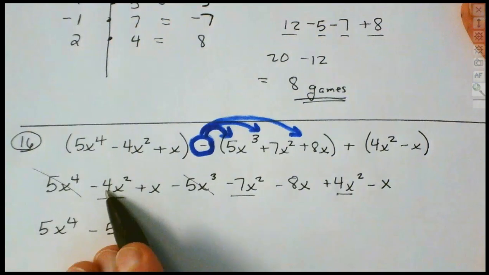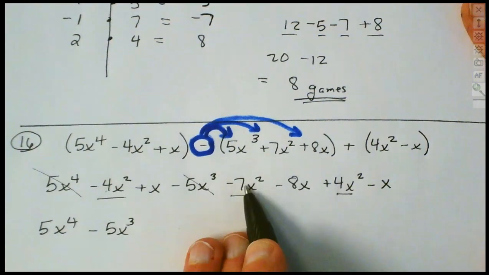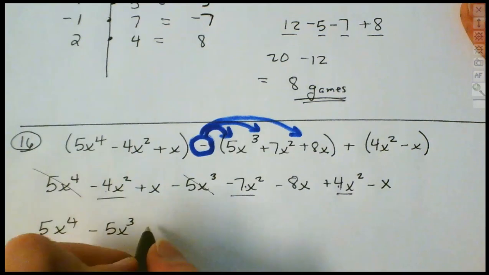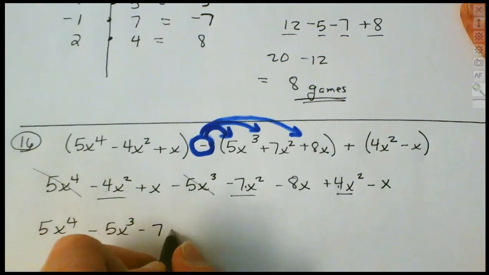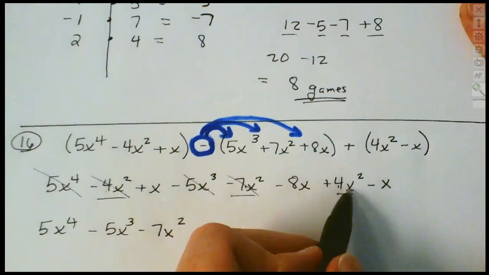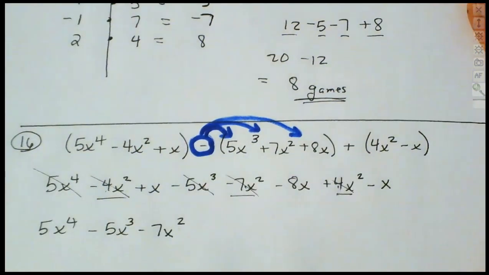And so we've got a minus 4, minus 7. That makes it a minus 11. Minus 11 plus 4, that's going to make that then a minus 7x squared. Gone, gone, and gone. Just be careful with your signs.